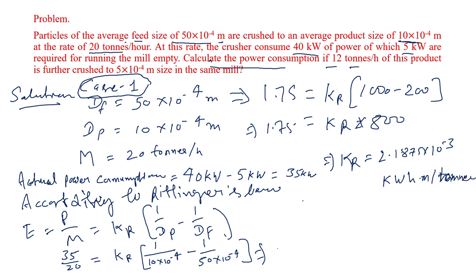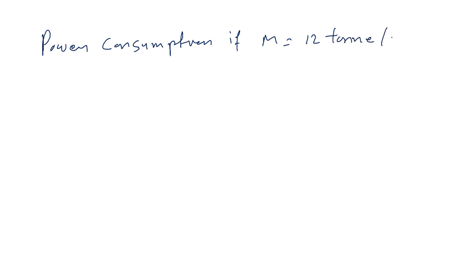In the second case, it says to calculate the power consumption if M is equal to 12 tons per hour and the particle size is further reduced from 10 into 10 to the power minus 4 meter to 5 into 10 to the power minus 4 meters.